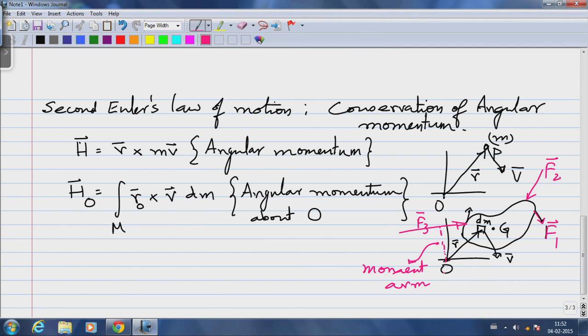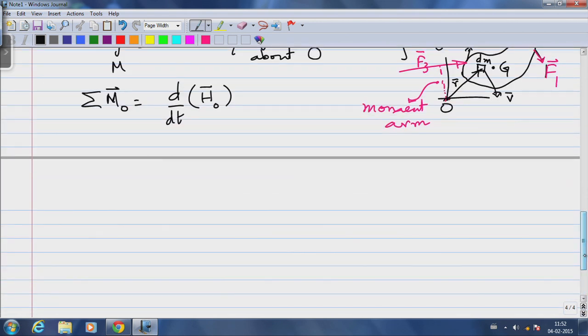So, the sum of all moments acting on a rigid body about O is equal to the rate of change of angular momentum. Okay, so, this looks very analogous to Newton's second law.